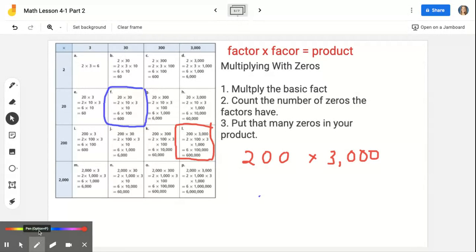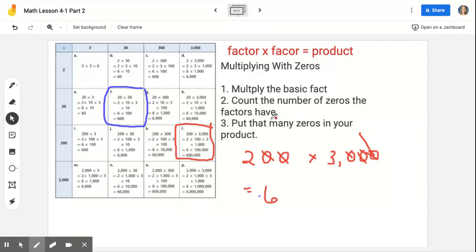So step number 1, we are going to ignore the zeros. There's 2 zeros in this factor of 200. We're going to ignore those 2 zeros. We're going to ignore the 3 zeros that are in 3,000. 1, 2, 3. And we're going to multiply the basic fact. And we know that 2 times 3 is equal to 6.